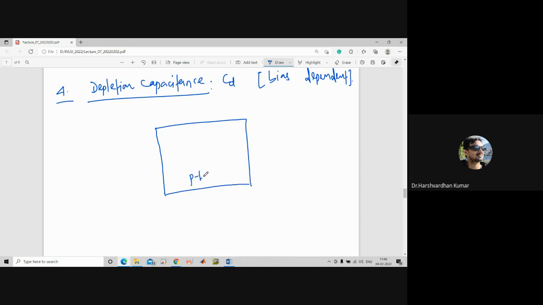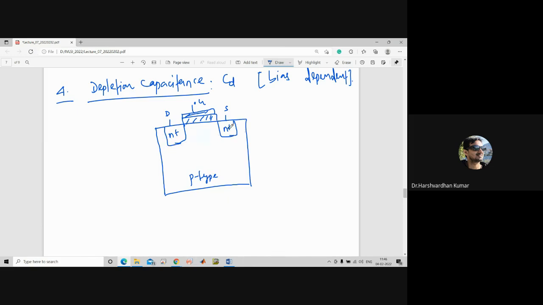Here this is p-type material, and this is N plus, and this is N plus, and here let us say this is the oxide layer, and on the top of the device this is the gate, drain, sorry, okay, drain and source are symmetric, no problem. So you can see the source. Now this is N plus doping, and this is p-type doping. So what will happen at this region?